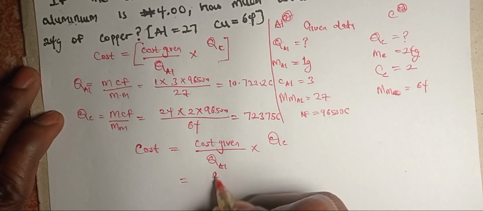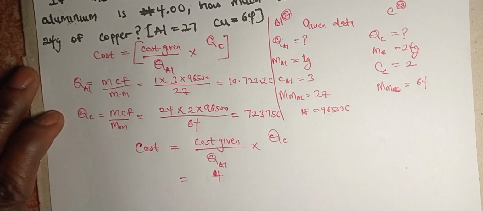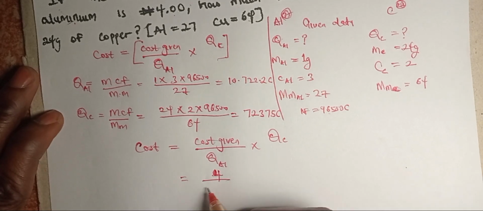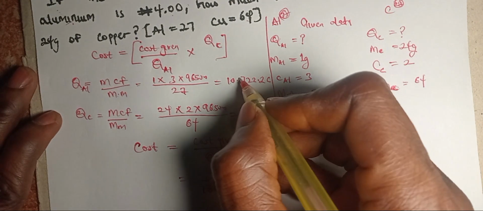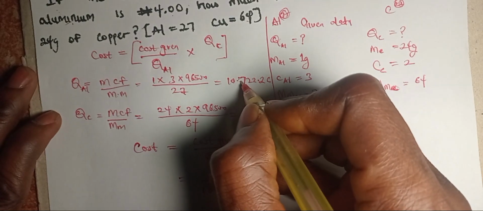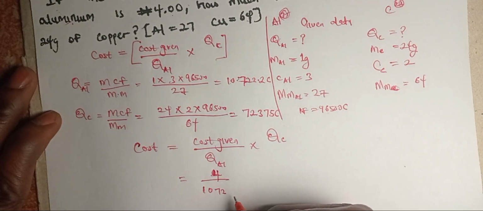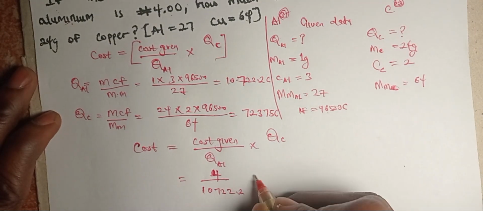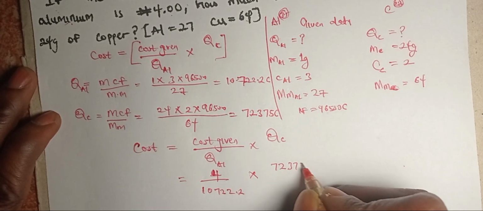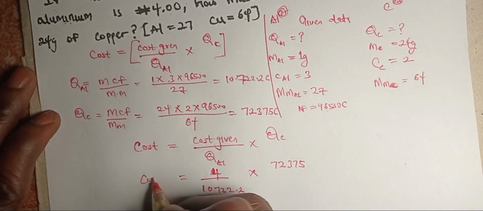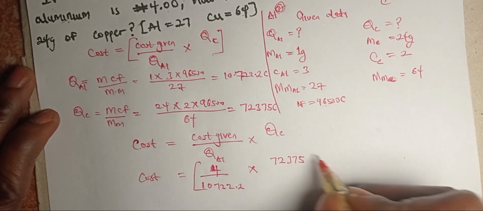We have 4 upon 10,722.2 multiplied by 72,375. Don't be mistaken here.